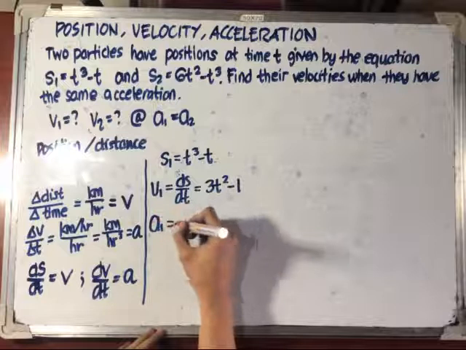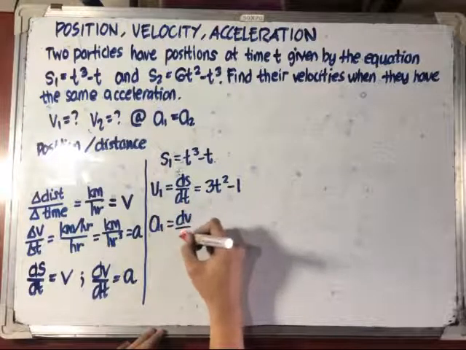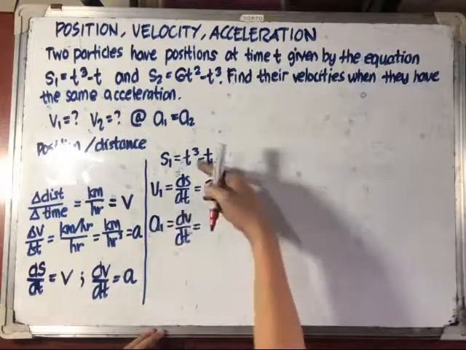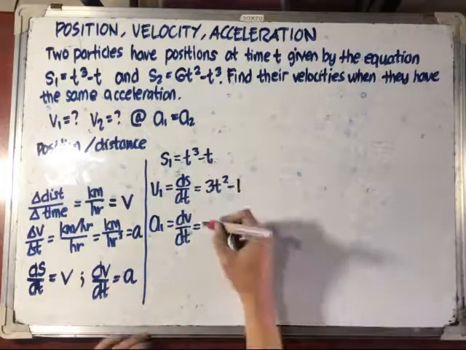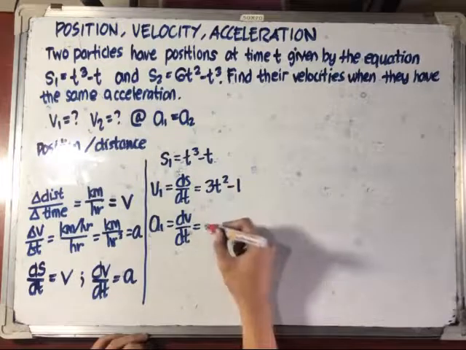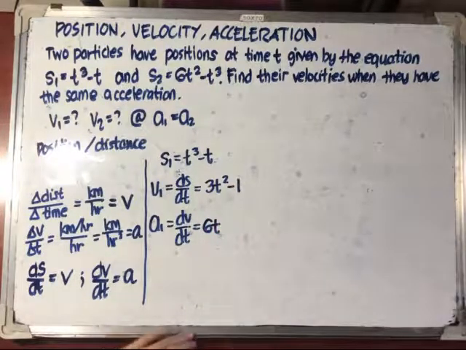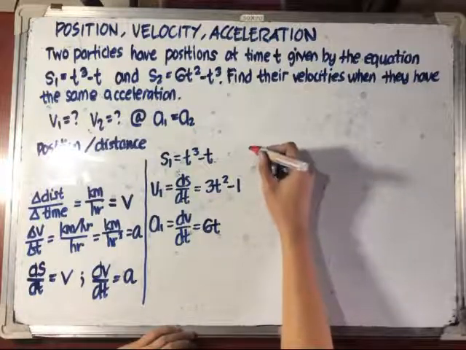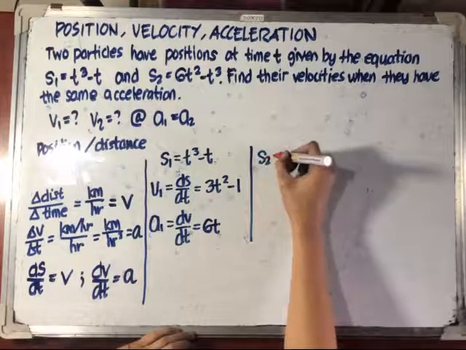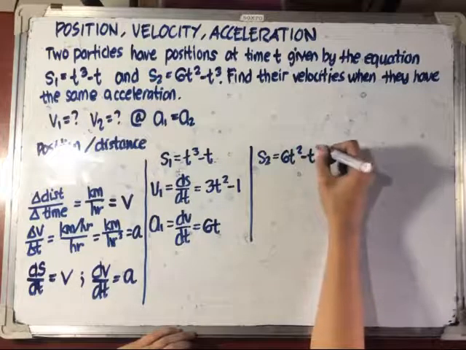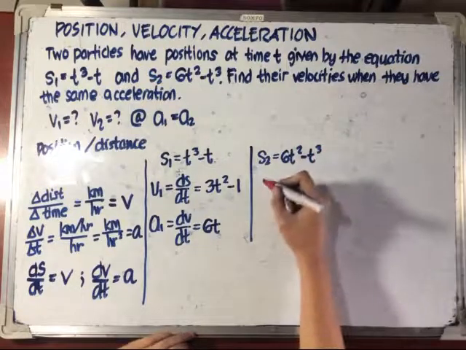A1 mo naman is dv over dt. Okay, that's the first derivative of the velocity or the second derivative of the position. So, looking at this function now, we have 6t.